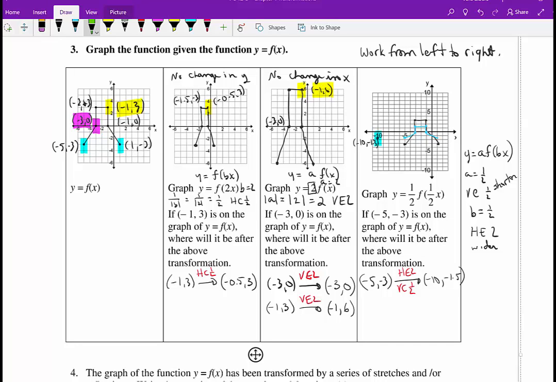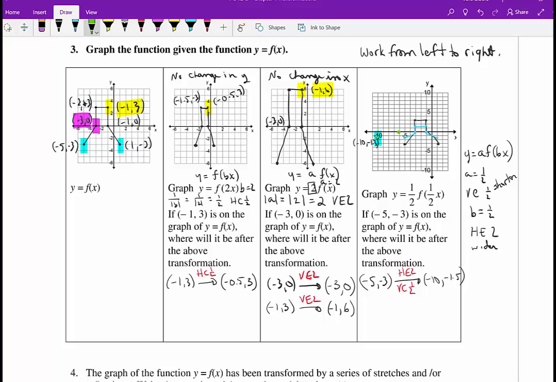We're at -5 away from the y-axis, so it becomes -10 and -1.5. Okay, our next point is 1, 2, 3 units away from the y-axis, so now we're going to increase that distance to 6, so it will be right here.